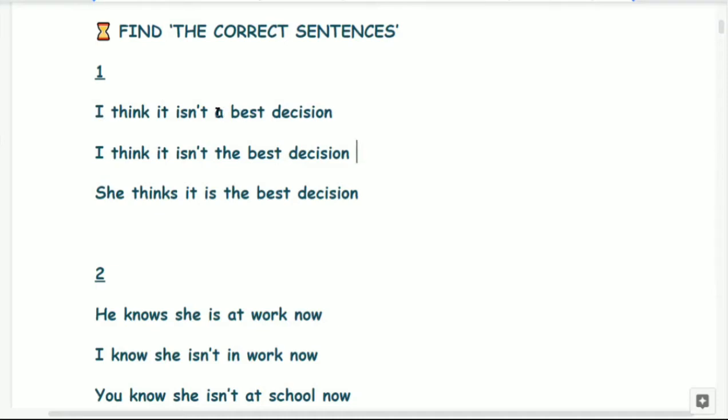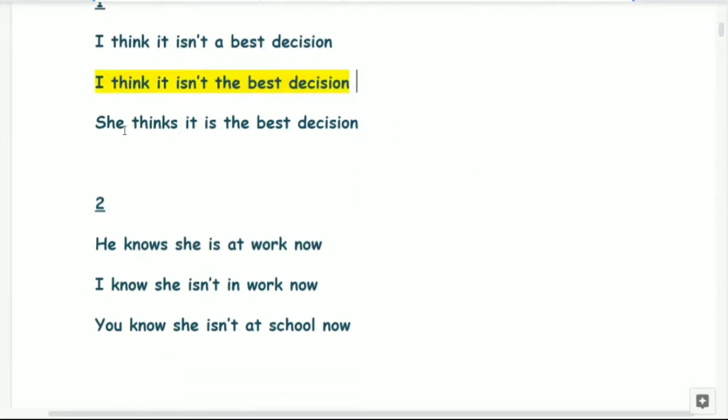The second one, I think it isn't the best decision, is right. And the third one, she thinks it is the best decision, is absolutely right.